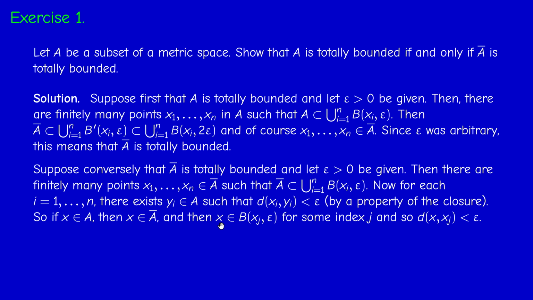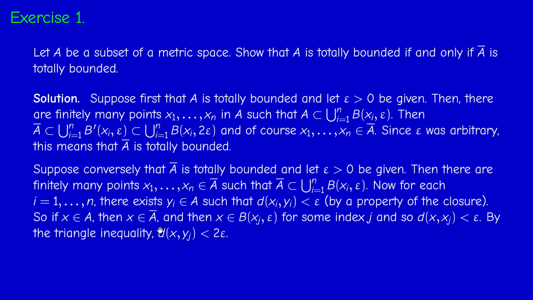For this j, choose yj, as we said, such that d(xj, yj) is less than epsilon. Therefore, the triangle inequality tells us that the distance between x and yj is less than the distance between x and xj plus the distance between xj and yj. So epsilon plus epsilon, that is 2 epsilon.